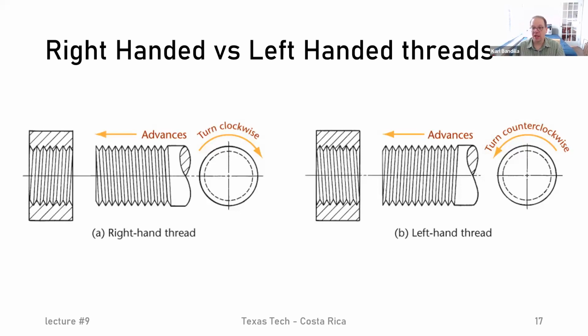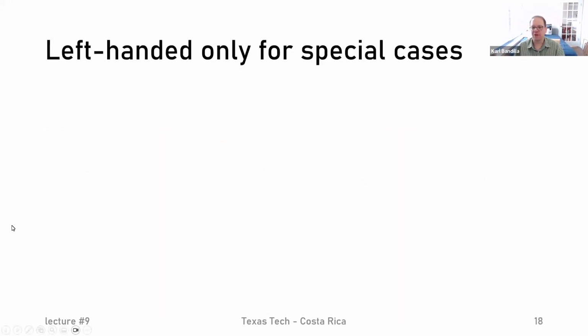Now, we do use some left-handed threads every now and then. Can anybody think of a reason why in some things we want to, or maybe knows an example where we use left-handed screws? What are basically going the opposite of what we usually have.